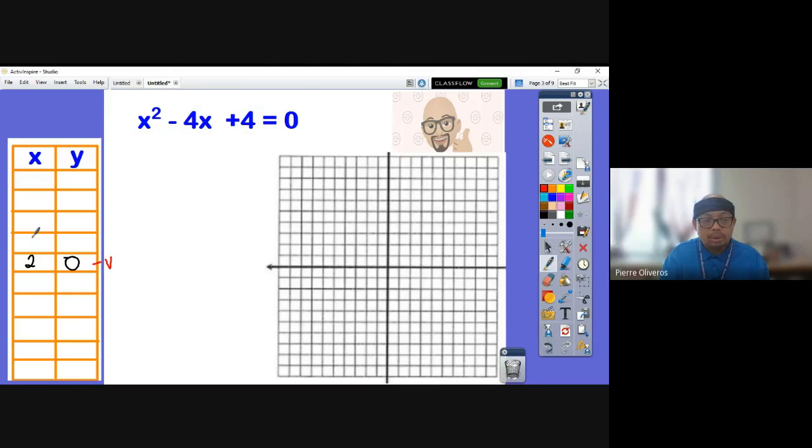So here I'm going to pick below: 1, 0, negative 1, and then I'm going to pick 3, 4, and 5. You can do as many as you want. At least 2 on both sides before and after the x coordinate of the vertex. So you're going to plug the 1 into the x squared and 4x here and find the value of y.